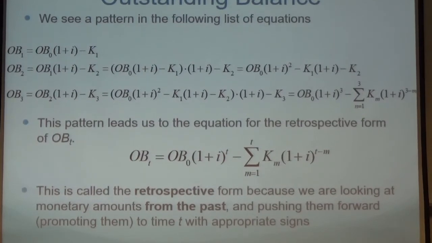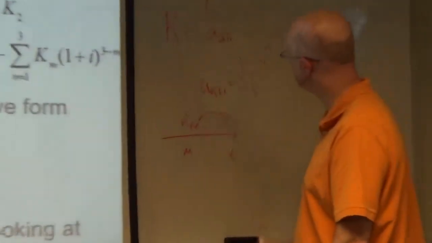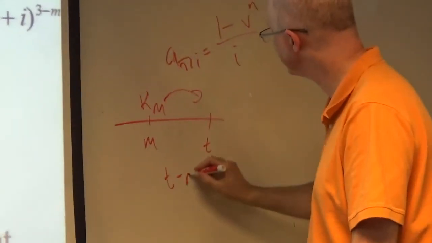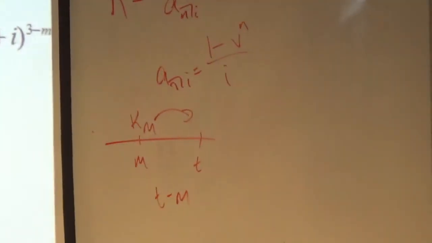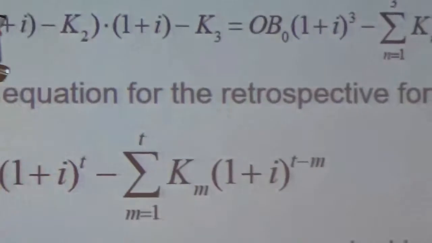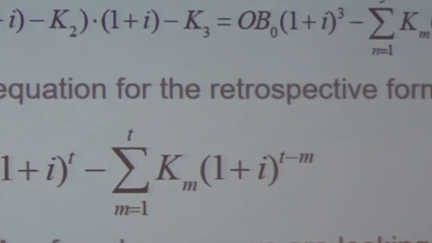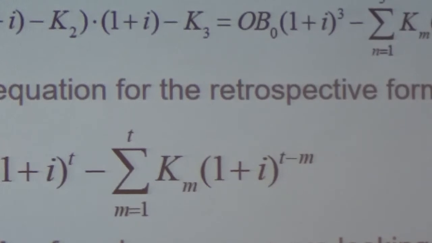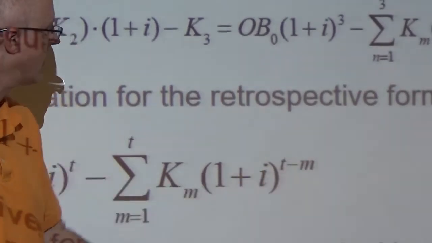You've got an arbitrary payment here at time m, km. It needs to get promoted in time to time t, so that's t minus m periods. So I need to multiply km by (1+i) to the t minus m to get that promoted value. I'm doing that for all the m's from 1 to t. When m equals t, you get t minus t, or 0 power.